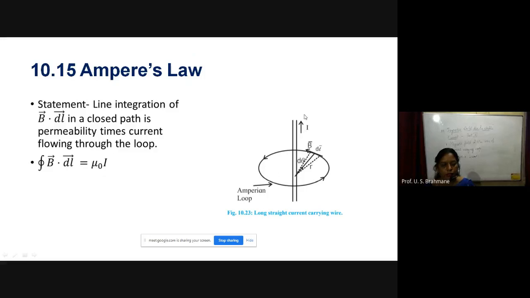Then what is the statement? The line integration of B vector dot dl vector in a closed path is permeability times the current flowing through the loop.